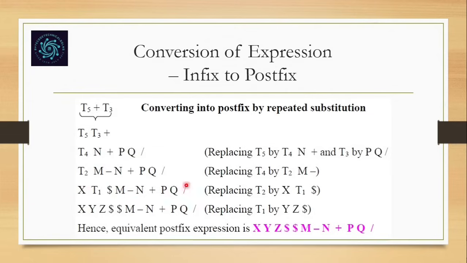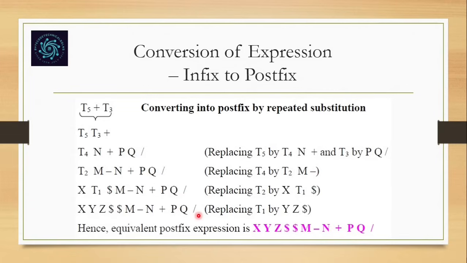Then substitute the value of t2. t2 is nothing but x t1 $. So I am substituting x t1 $ in the place of t2, and the rest of the expression remains the same. Finally, substitute the value of t1. The t1 value is yz$. So x is as it is, yz$ is substituted, and again the rest of the expression remains.